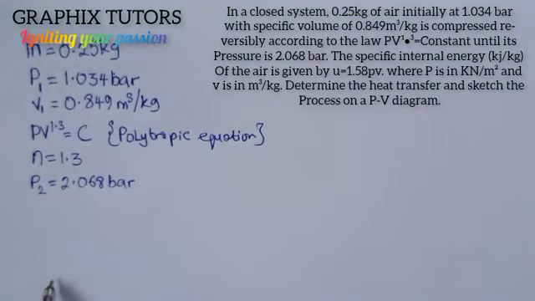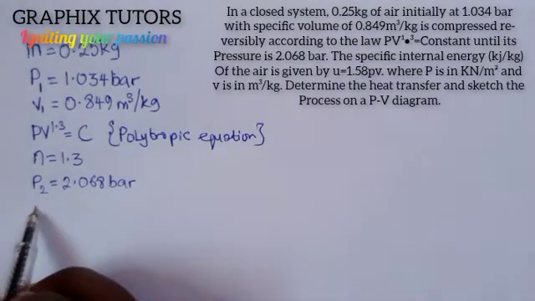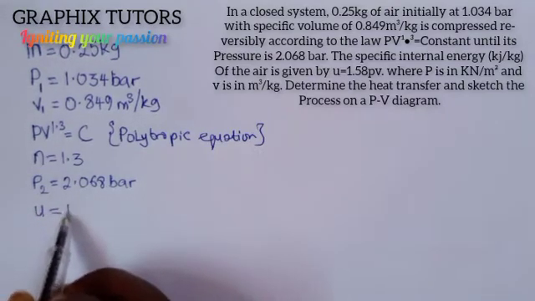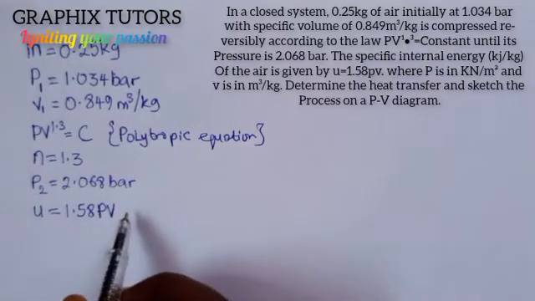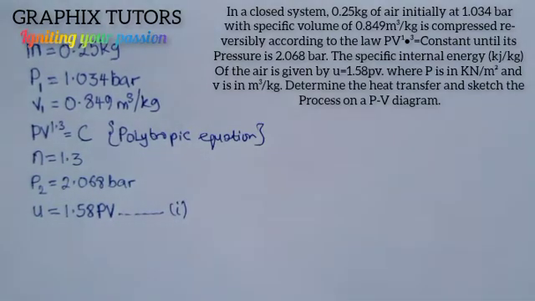Now, it says the specific internal energy of air is given by the expression: small u equals 1.58 PV. I'll term it equation 1.